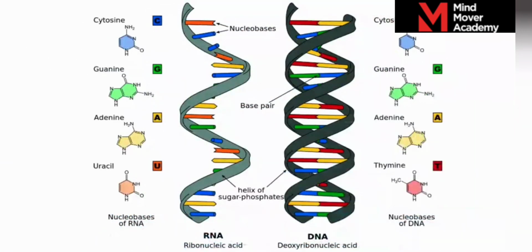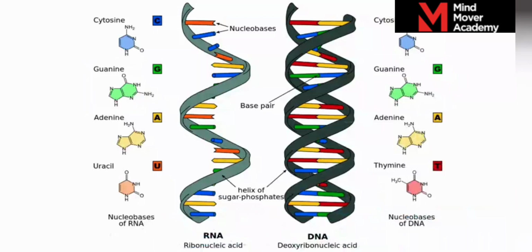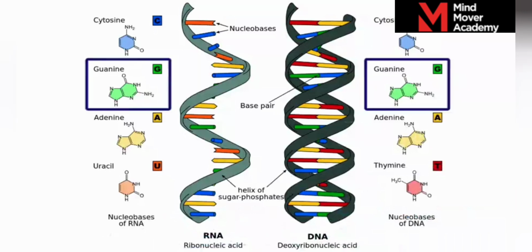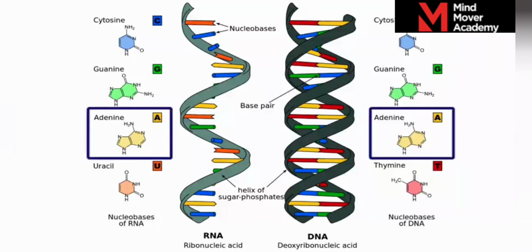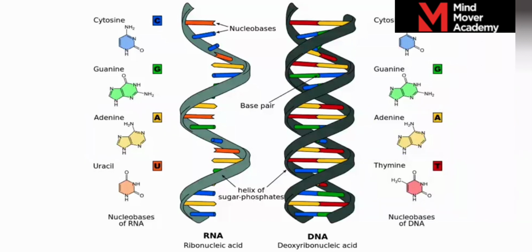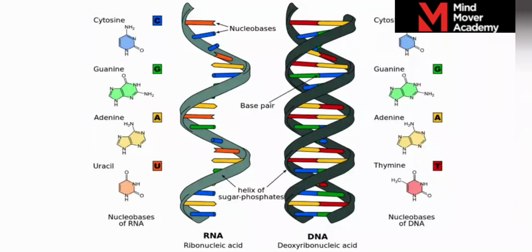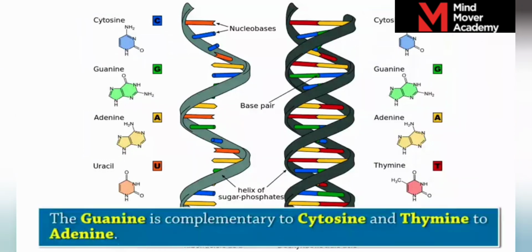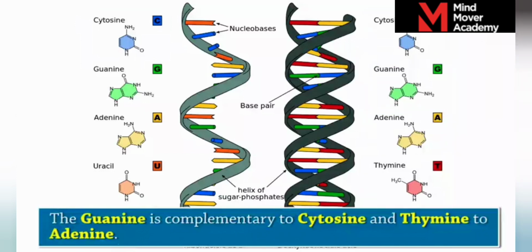There are 2 purine bases and 2 pyrimidine bases. The bases are guanine, G, thymine, T, adenine, A, and cytosine, C. The guanine is complementary to cytosine and thymine to adenine.